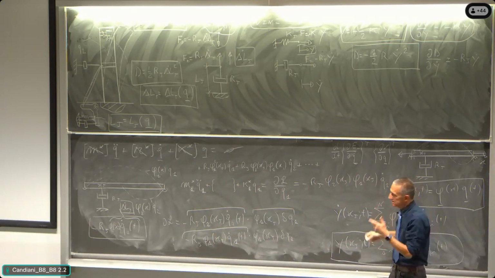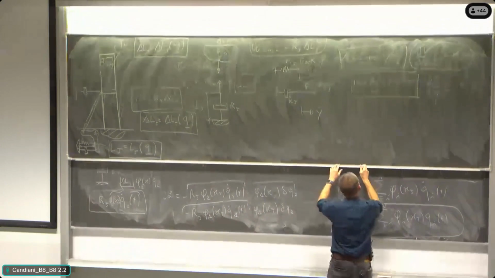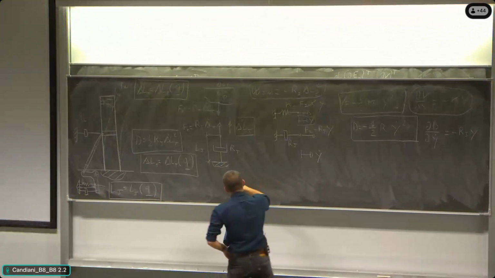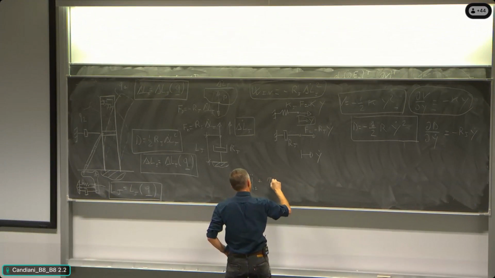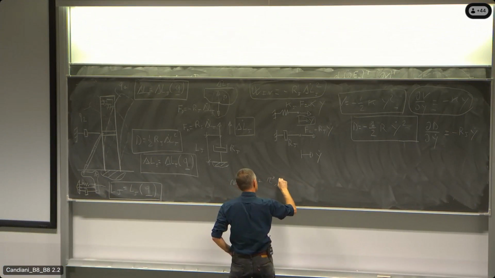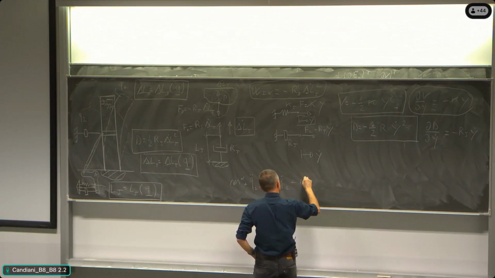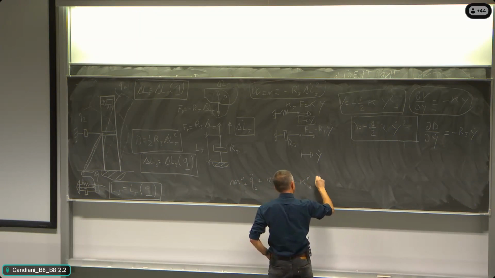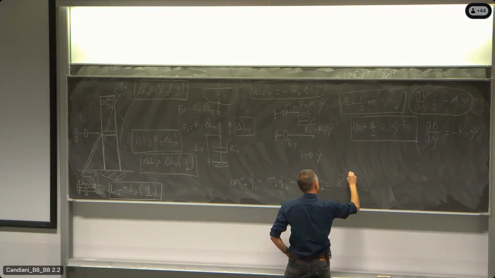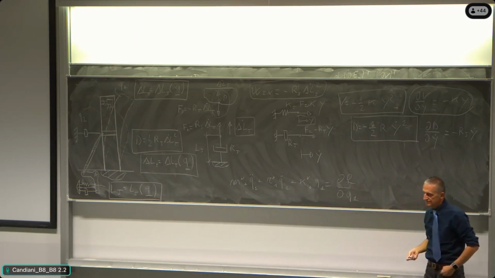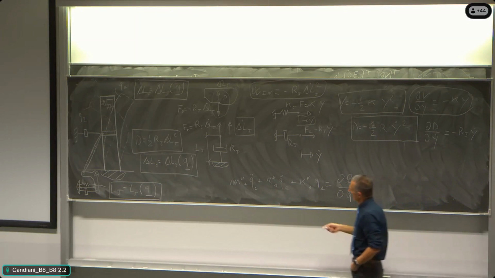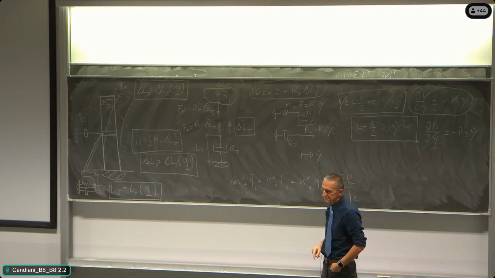And so the first equation maybe was just M star 1 Q1 two dots plus R star 1 Q1 dot plus K star 1 Q1 equal the work of other forces. Instead, we have also all the others. We have all of them.